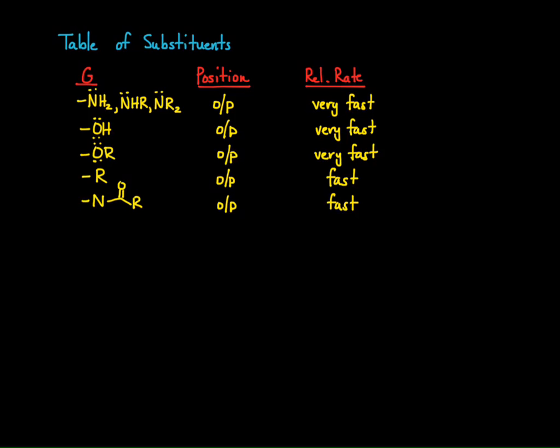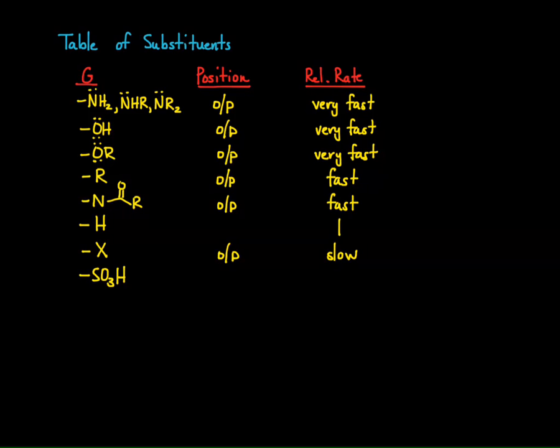These are OP directors. They're fast, but not as fast as amines are. And of course, then we have hydrogen, which has no direction to it, so it has a relative rate of 1. And halogens are also OP directors, but they're slower than the reactivity of just benzene itself.